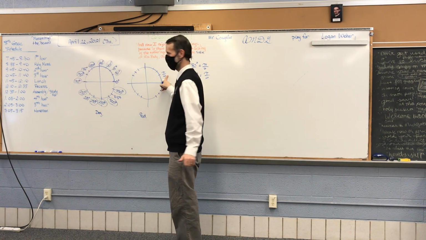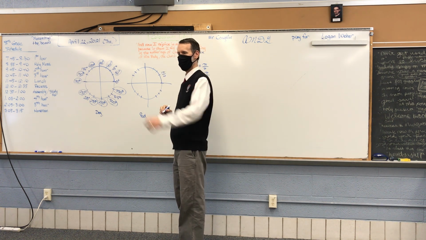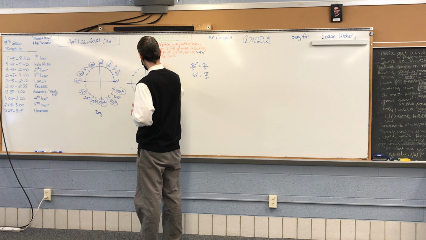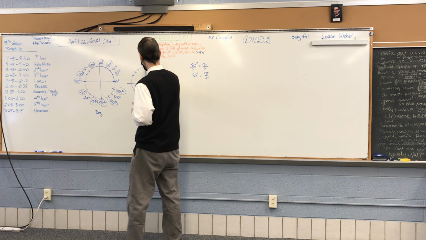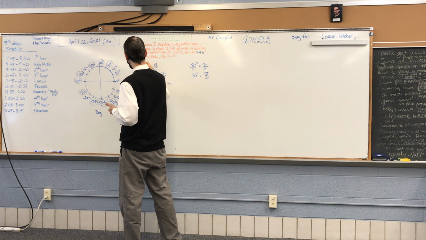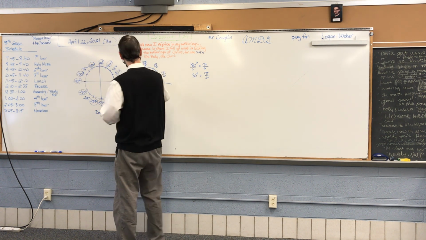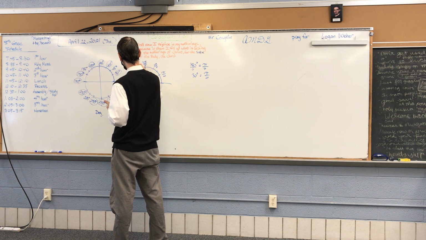Can somebody count by this? I'll give you a hand. This is 1 pi over 6. 2 pi over 6. Keep going. Just count. 3 pi over 6. Now make sure you hit the multiples of 30. 4 pi over 6. Keep going. Yep.